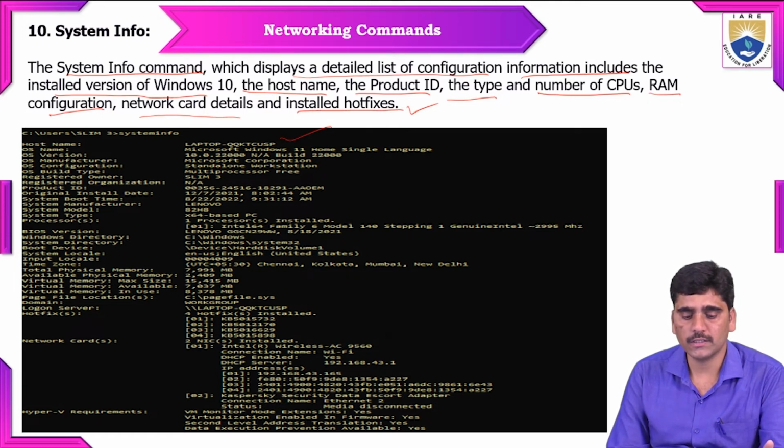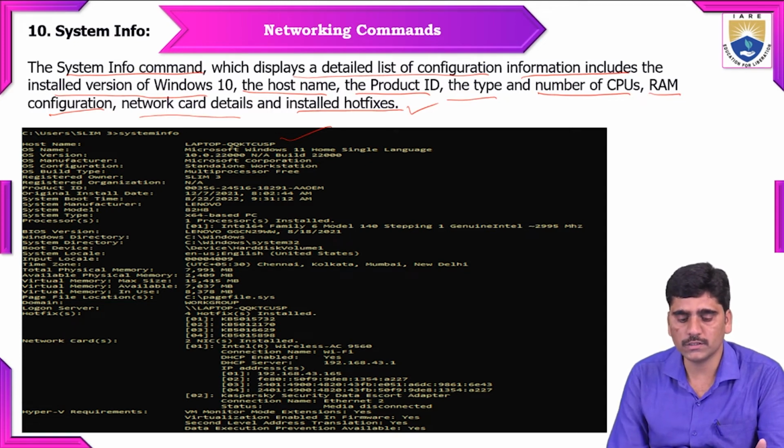System type, whether it is 32-bit or 64-bit, it displays. System model it displays 82H8, and the processor, which type of processor, how many processors installed, one processor installed, so Intel64 Family 6 Model 144.